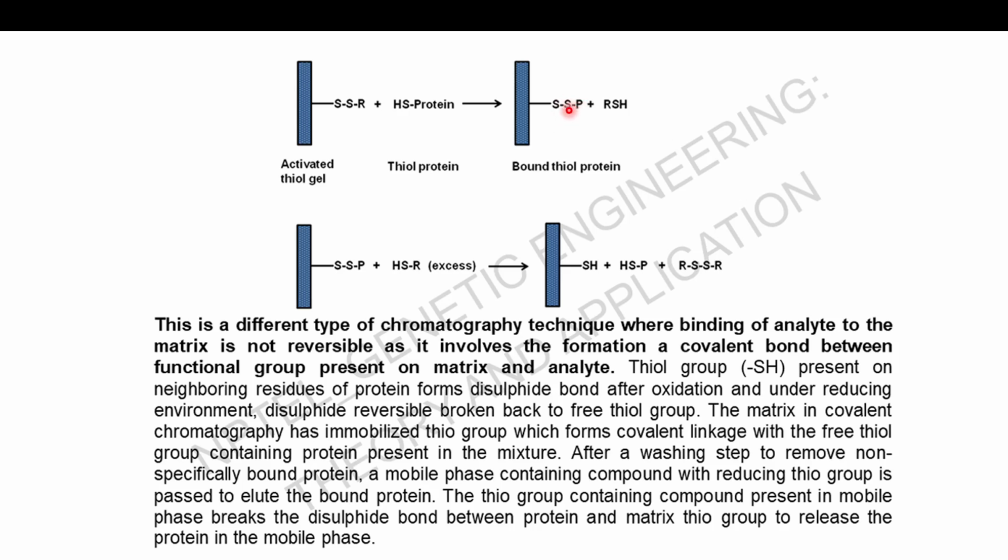So protein is bound to sulfur, and this sulfur here gets reduced to form PSH. To elute out the bound protein, the thiol group containing compound present in the mobile phase breaks the disulfide bond between the protein and the matrix to release the protein in the mobile phase. Okay. This is how this takes place. So a covalent bond has been formed here.